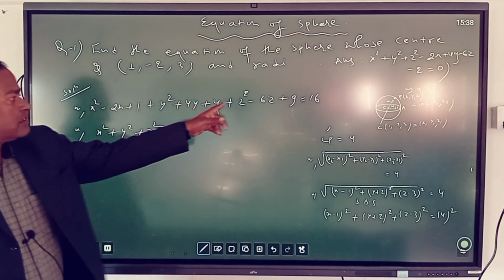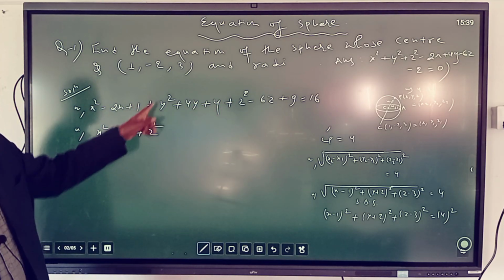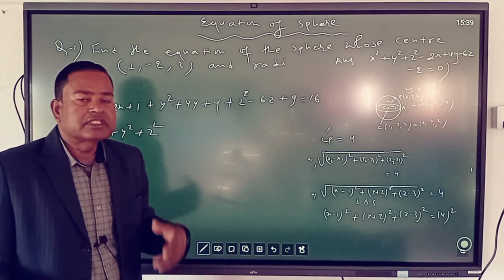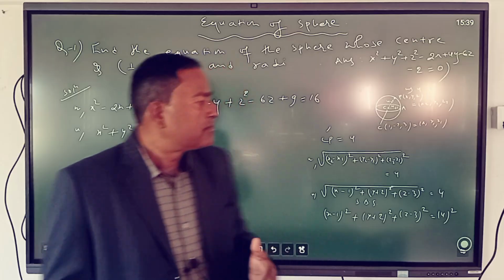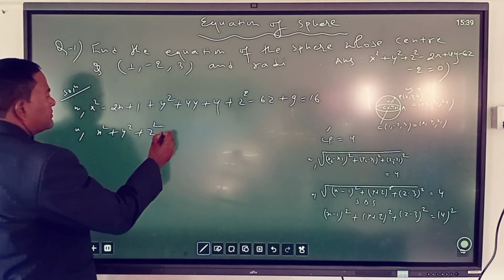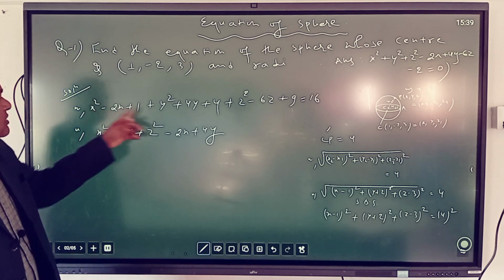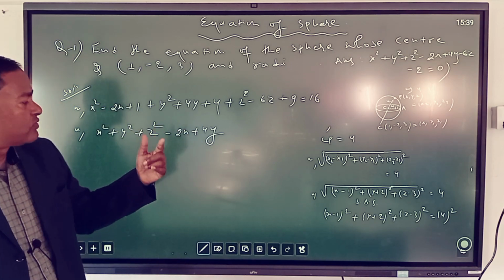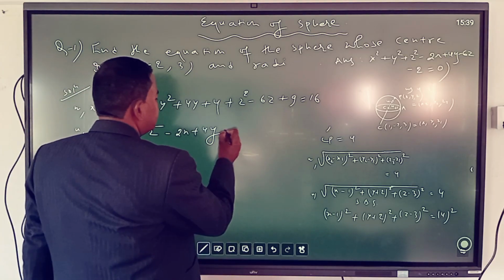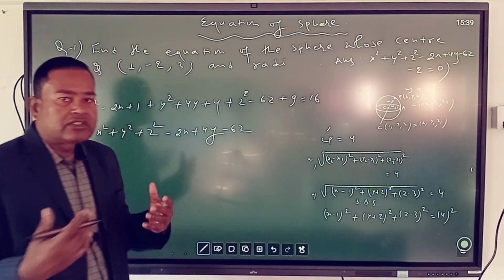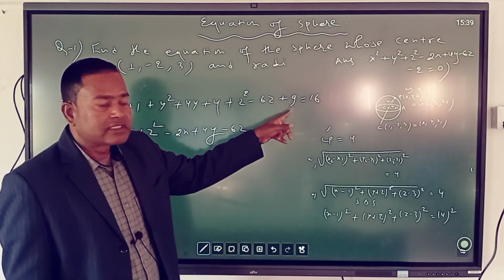So first writing the terms with highest power, that means x square plus y square plus z square, because we have to write down the equation in the general form. Then we write down the terms containing degree 1: minus 2x plus 4y minus 6z. At last we write down the constant term: 1 plus 4 is 5, 5 plus 9 is 14.